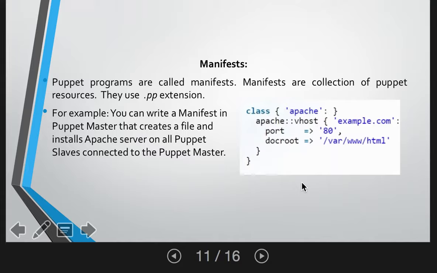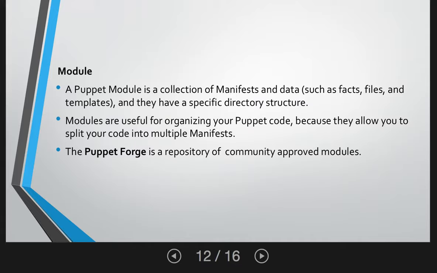It is a collection of Puppet resources, and it uses a .pp extension. We can use any number of manifest files, and a combination of manifest files and data forms a module. Modules are useful for organizing your Puppet code. Puppet Forge is a repository of community approved modules.